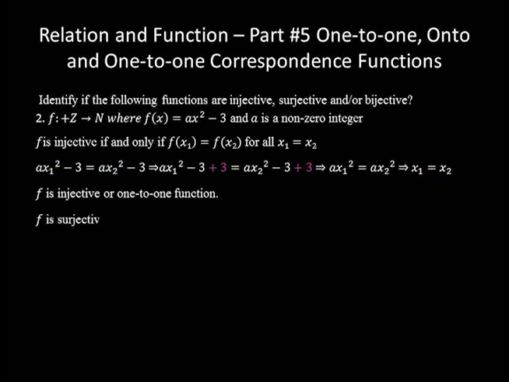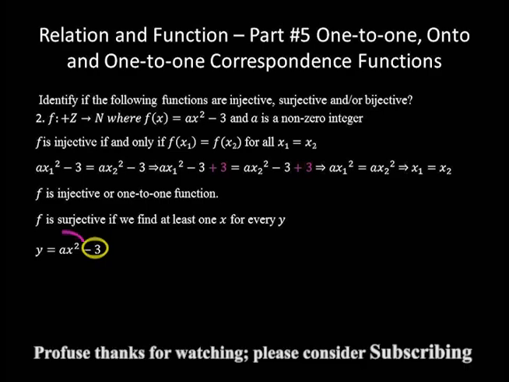f is surjective if there is at least one x for every y. Substituting f of x with y gives us y equals ax squared minus 3. Taking minus 3 to the left of the equality gives us y plus 3 equals ax squared.